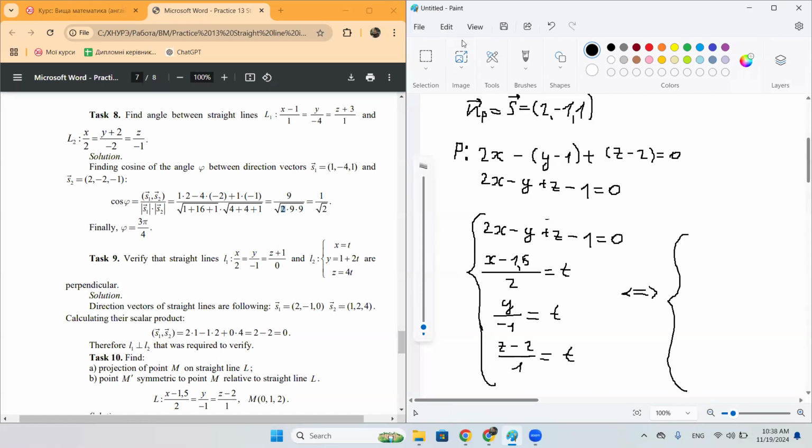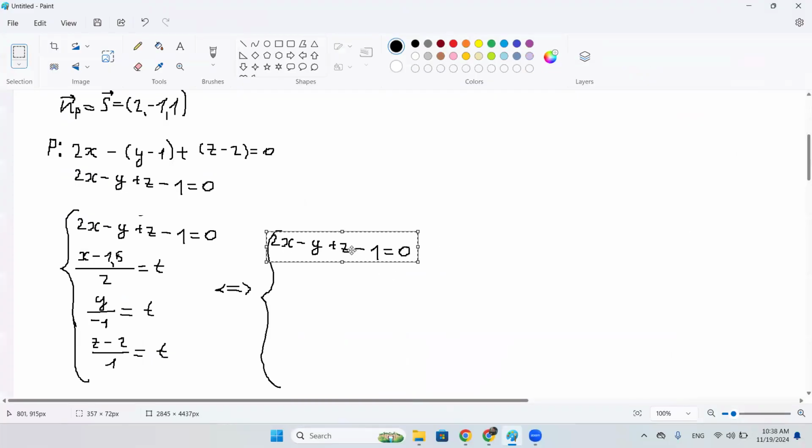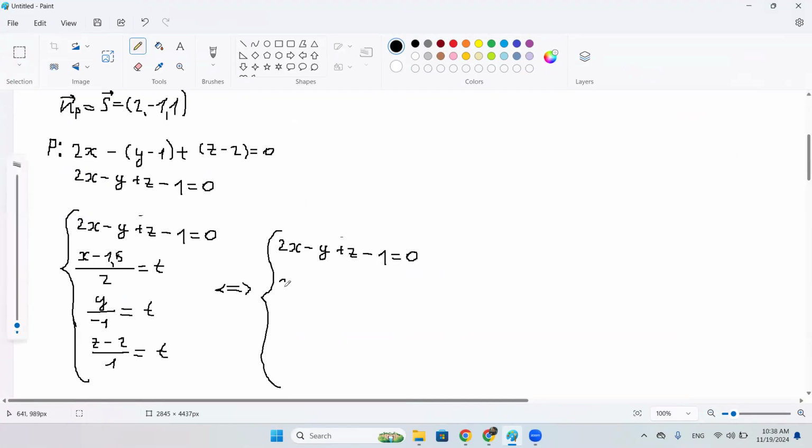So, okay, this will be without changes. Let me maximize the window. So x equals 2t plus 1.5. Y equals minus t. Z equals t plus 2.